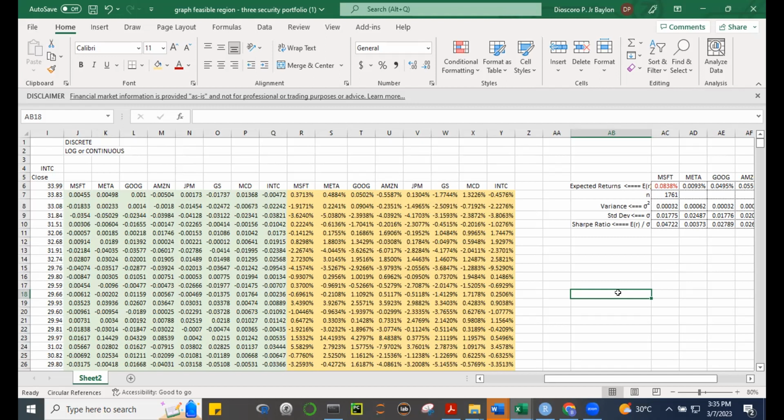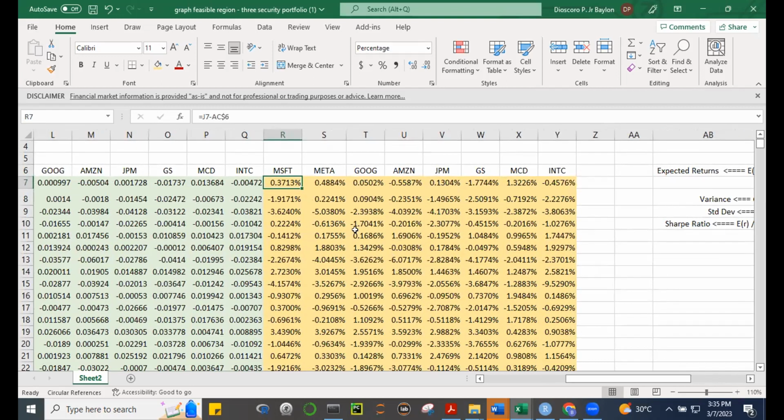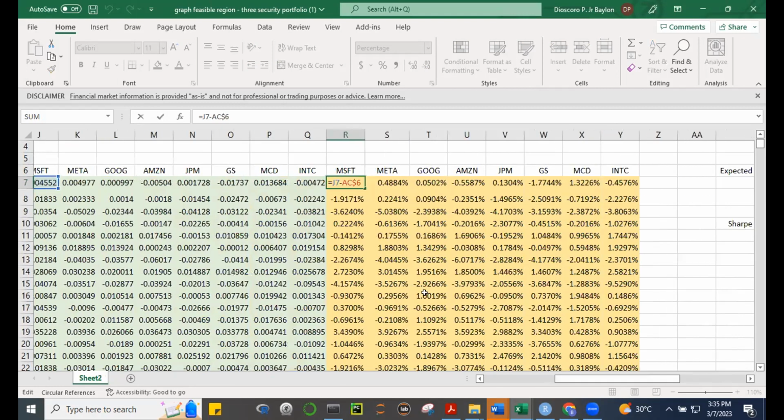Sir, can I see the formula again for the yellow boxes? You're just getting the difference between your returns and the average returns. Okay, thanks, sir.